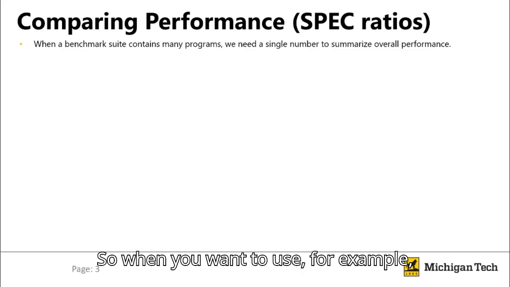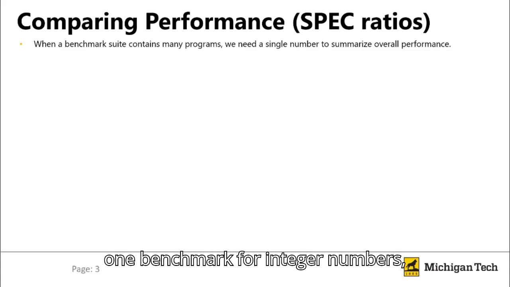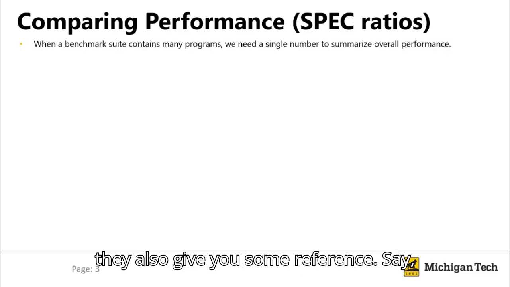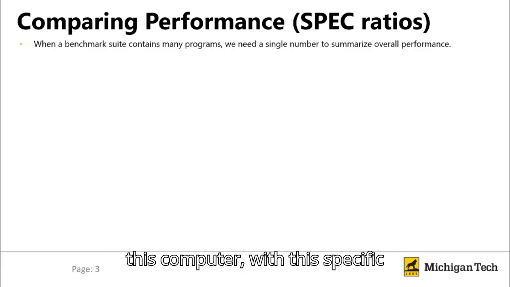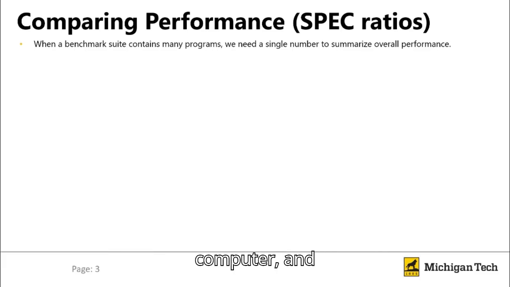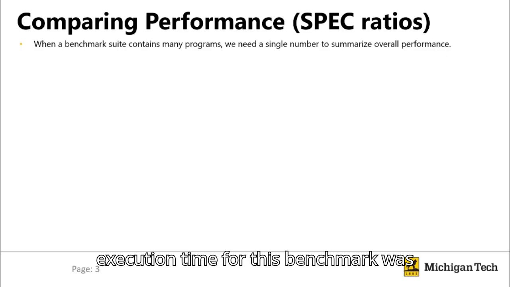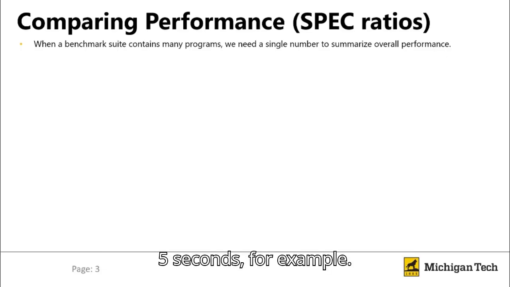So when you want to use, for example, one benchmark for integer numbers, they also give you a reference. They say, okay, we tested this benchmark with this specific computer, and the execution time for this benchmark was 5 seconds, for example.